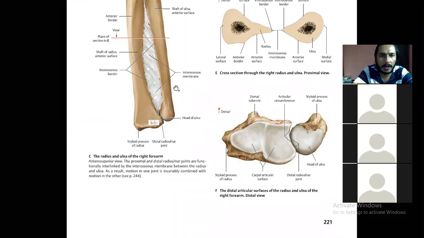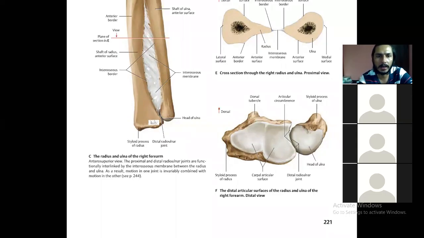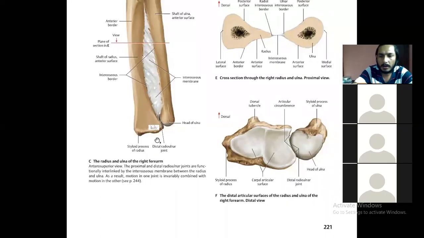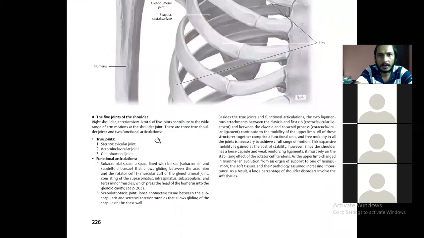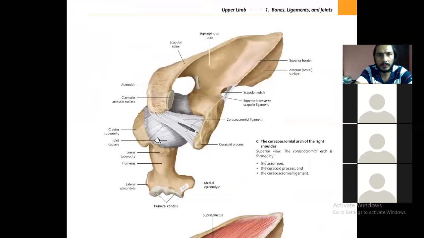They will articulate to form the distal radio-ulnar joint, which is a pivot joint. After bone we'll read the joints, then you will get to know. Distal radio-ulnar joint or lower radio-ulnar joint, superior or inferior, proximal and distal: distal and inferior radio-ulnar joint are the same thing. Then now we'll go for the muscle attachment.